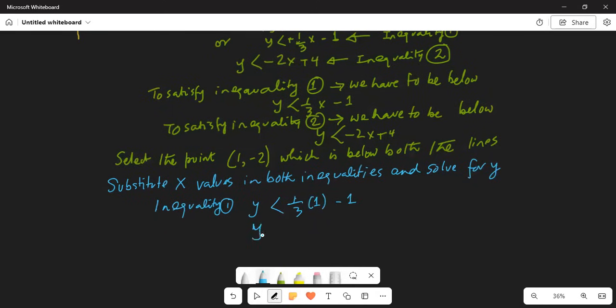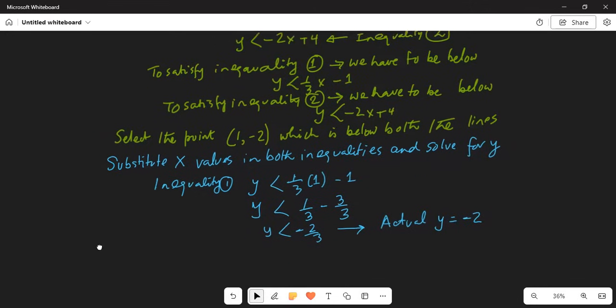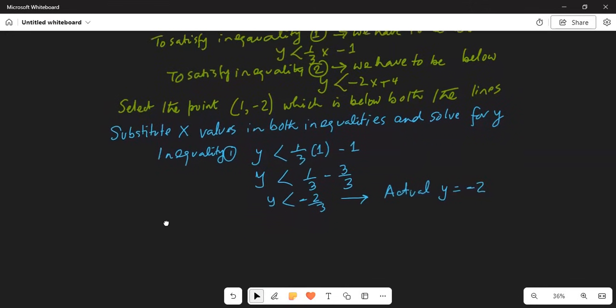So y is less than 1/3 minus, for 1 I can write 3/3. So y has to be less than 1 minus 3, which is minus 2/3. Now let's repeat the calculation in inequality 2.